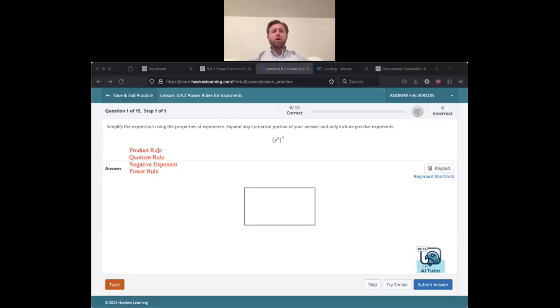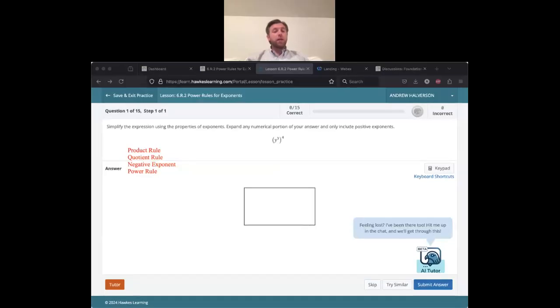So we went over all those. The product rule is when you're multiplying the same base, you add the exponents. The quotient rule is when you're dividing, you have a fraction with the same base in the top and bottom, you subtract the exponents. The negative exponent rule says if you have a negative exponent, move it across the fraction bar. And the power rule says if you have a power of a power, multiply the exponents.